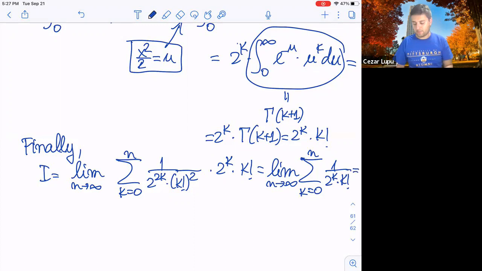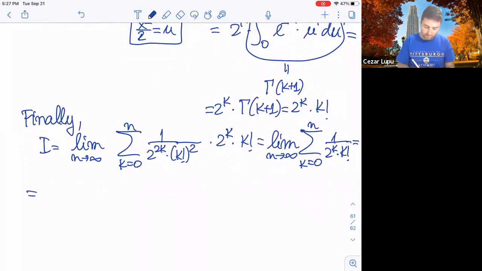And of course, this is nothing else than just the power series of e to the power 1/2, which is the square root of e. And that's the value of the integral.